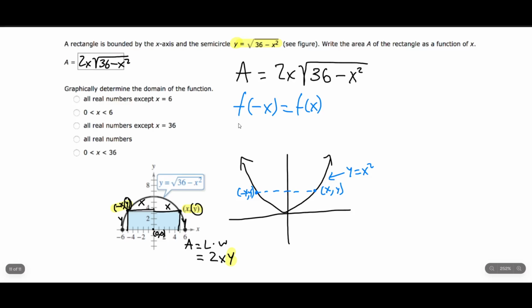In this problem specifically, it doesn't ask, but I'm just putting it out there because if you're doing pre-calculus, I assume you're going to do calculus. So now, graphically determine the domain of the function.